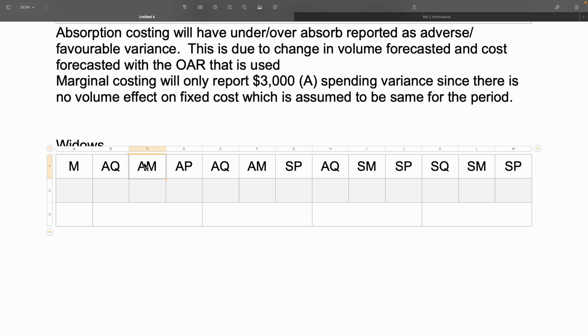You just have to remember QMP, and then AQ, AM, AP: actual quantity, actual mix, actual price; actual quantity, actual mix, standard price; actual quantity, standard mix, standard price; and then finally standard quantity, standard mix, standard price. So you're just changing one item at a time. Got it? One item at a time.